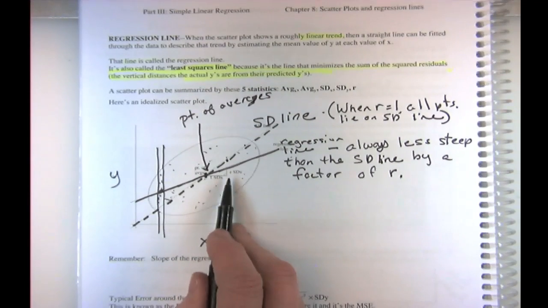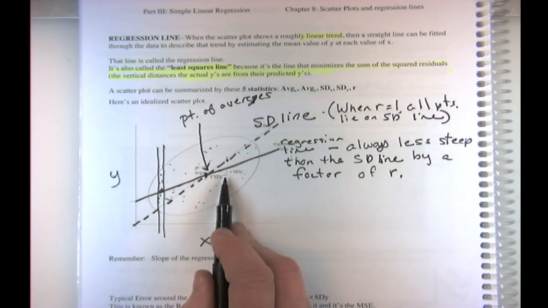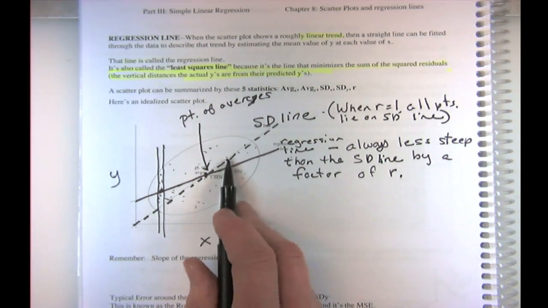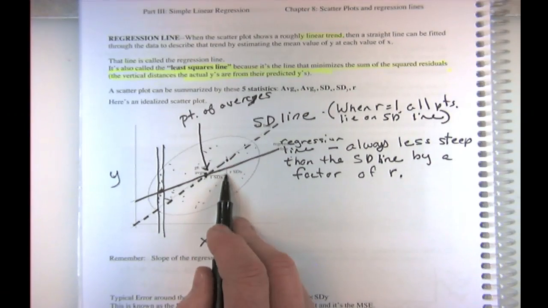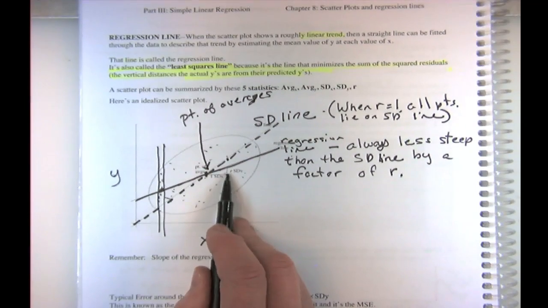But let's say you're one standard deviation above average in height. Our best prediction for you is not that you'd be a full standard deviation above average in weight, but that you would just be somewhat above average if there's a positive correlation, and that somewhat is r.